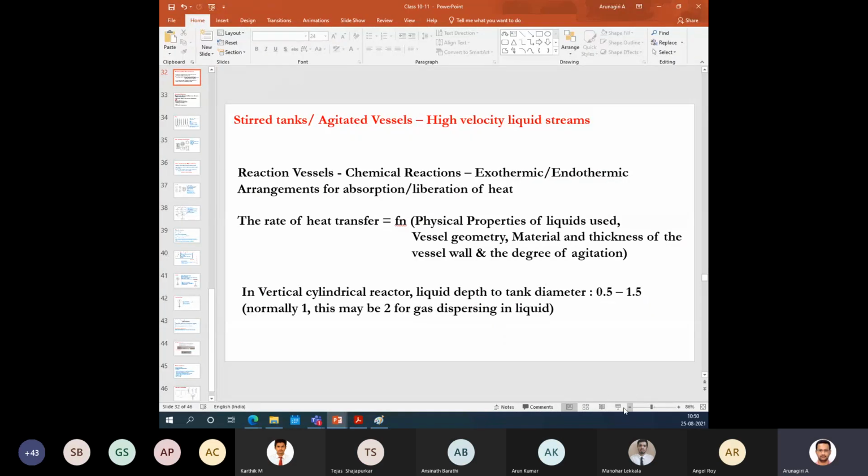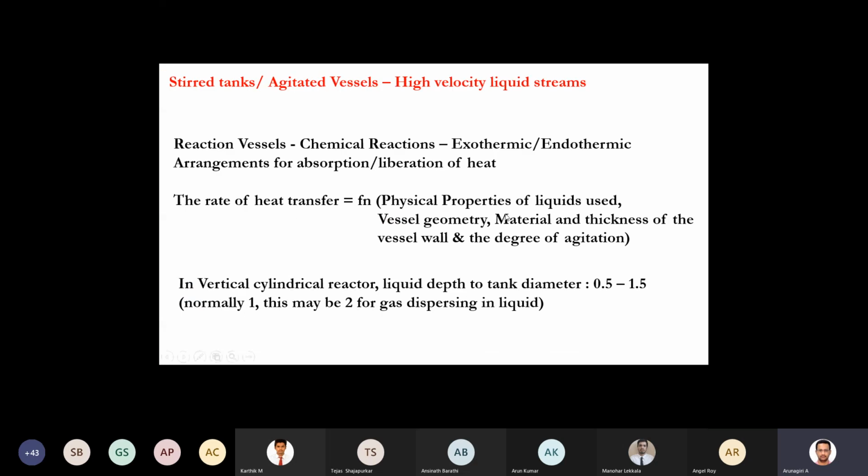Here you can see, you can draw. Once you know the volume, that is V is equal to pi by 4 d square h, this is the volume. So these are all important components of a vessel.